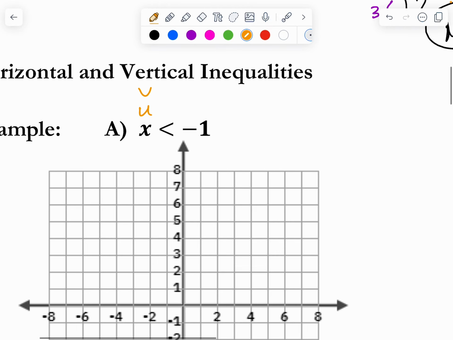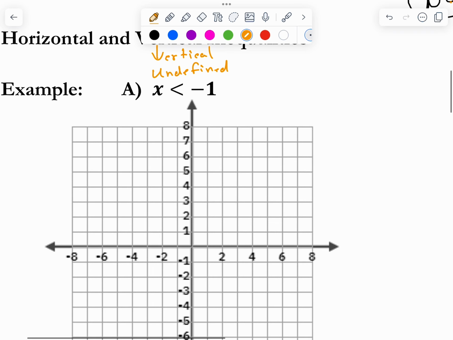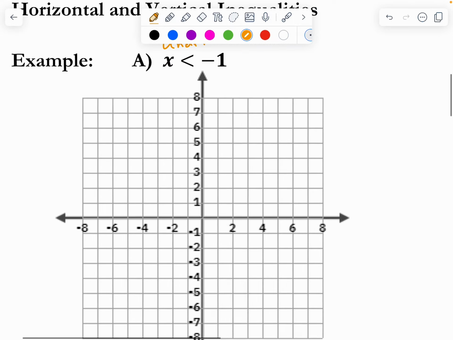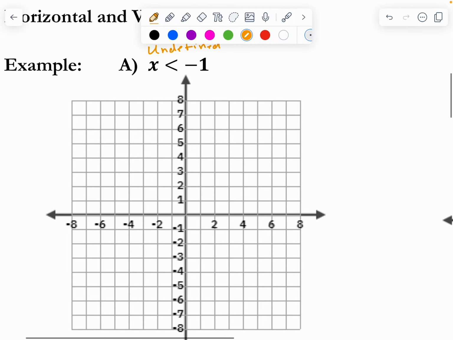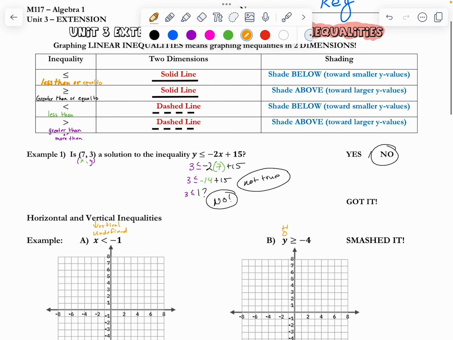Because Vux means vertical line with undefined slope. At x, and normally we would have x is equal to -1, but in here we're not going to have x is equal. We do still want to put our answer at -1 here. And remember what we set up here.